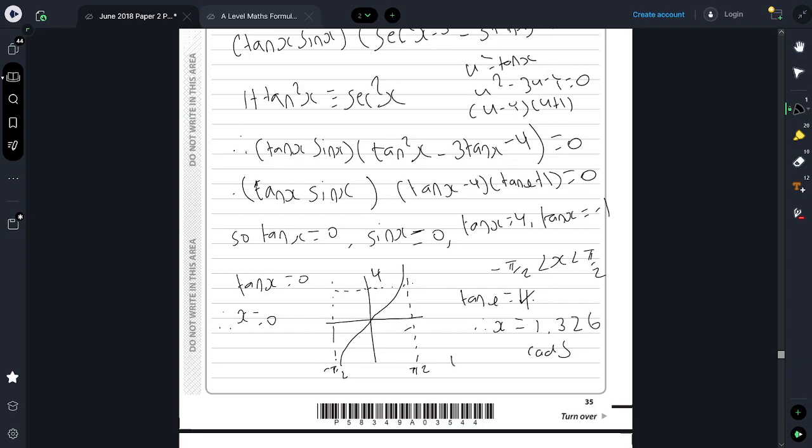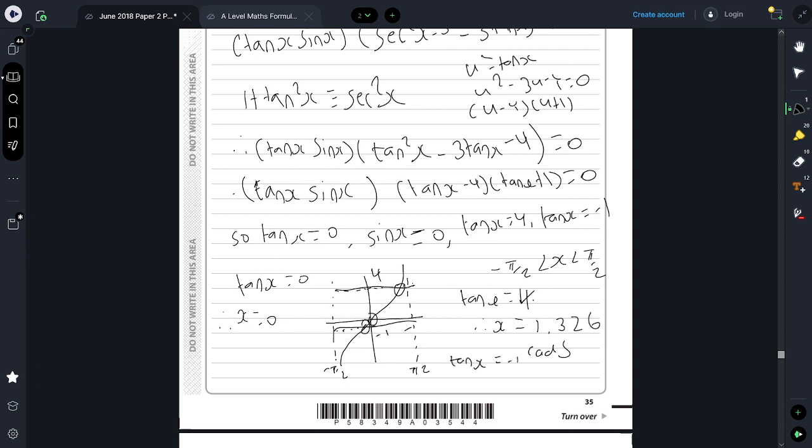Or tan x is minus 1. So minus 1 would look here. That'd be minus 1 here, that'd be 4. Tan x is 0, tan x is 4, tan x is minus 1 would be there.